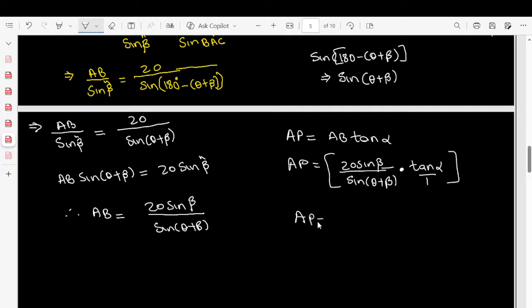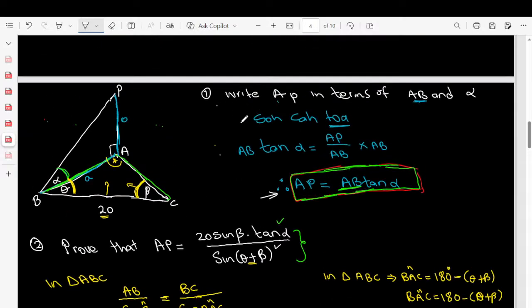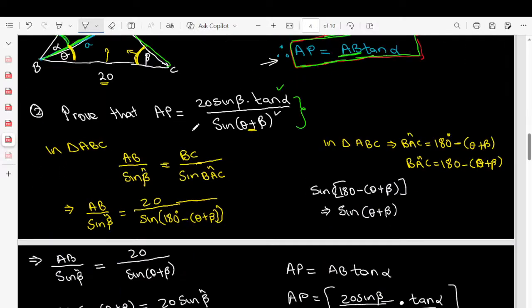When we row multiply, we get our AP to be 20 sine of beta, tan of alpha, divided by the sine of theta plus beta. Right, you see, we've managed to prove what they wanted us to prove. Remember, the question said prove that AP is equal to 20 sine beta times tan alpha.